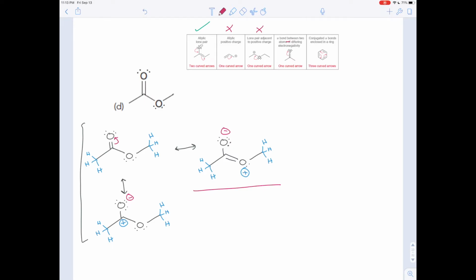How about a pi bond between atoms of differing electronegativity? We do have that. This bond right here, that double bond, is between a carbon and an oxygen. So the first bond there is a sigma bond, but the second one is a pi, and so we do have a pi bond between atoms of differing electronegativity. So we'll have that curved arrow pattern there.